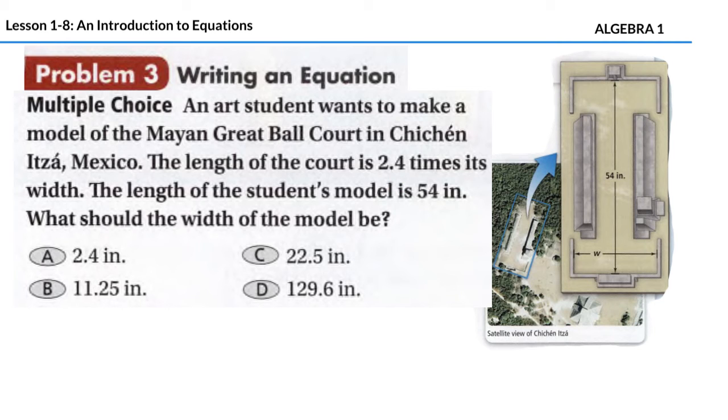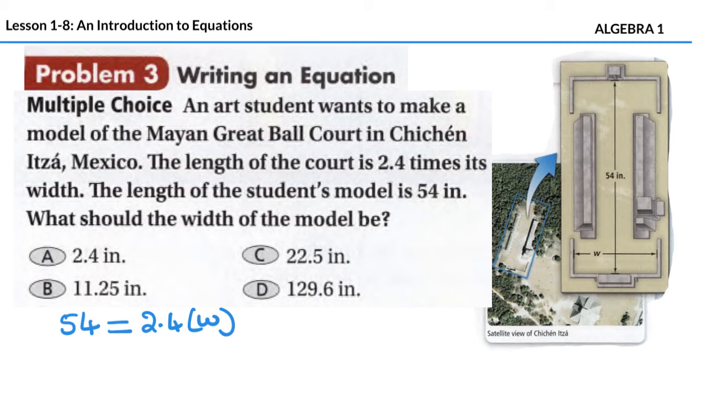So can we write that as an equation? 54, which is the length, is 2.4 times the width. Have we written down this as an equation now? Great. Now we just have to figure out what the value of W should be to make this equation true.